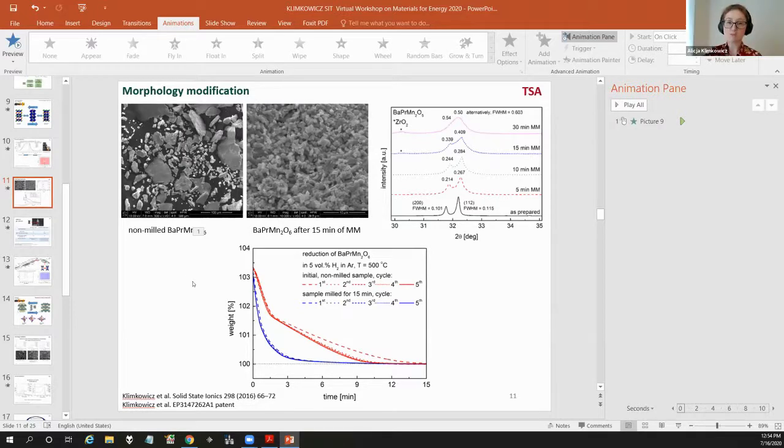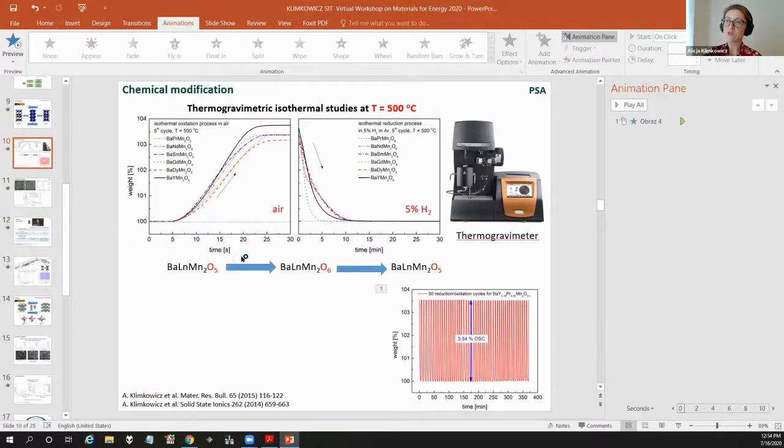Oxidation is still much faster than the reduction process. It's always seconds for oxidation and minutes for reduction.